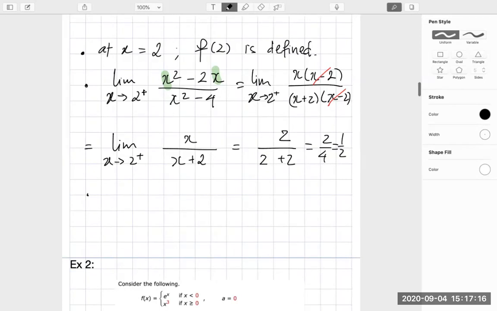One more thing. Let us consider the limit when x approaches 2 from the left. We'll do a similar thing, the same approach, and we will end up with this.